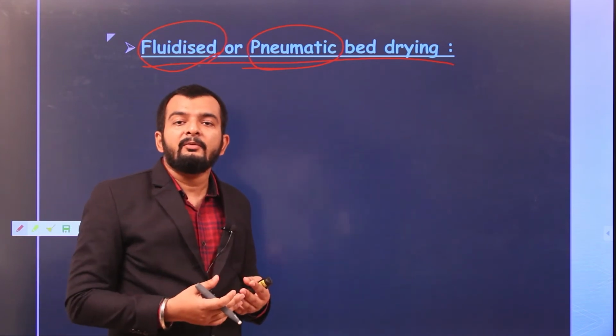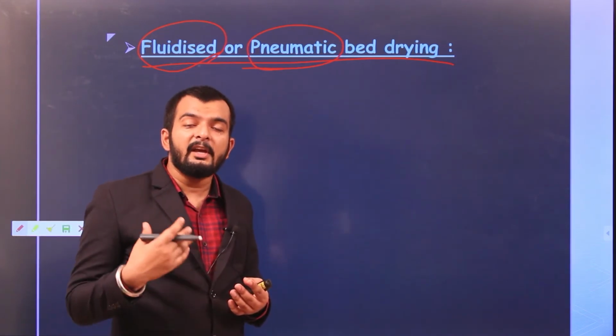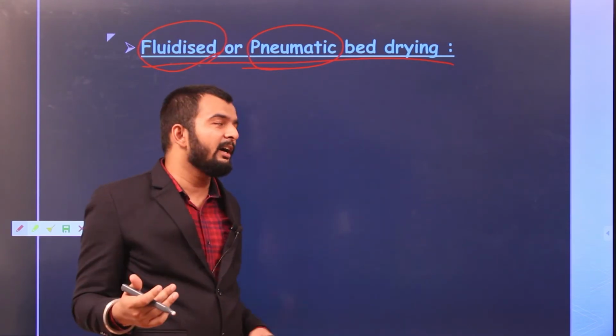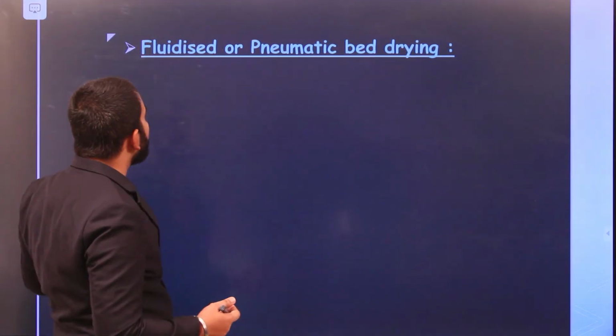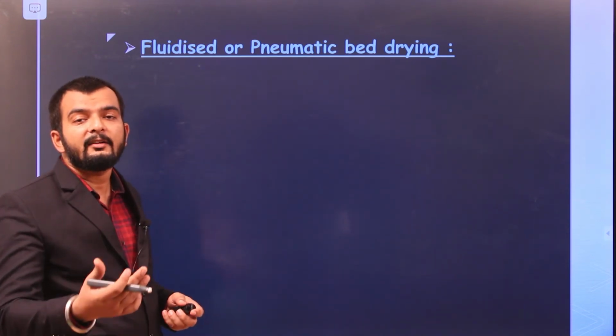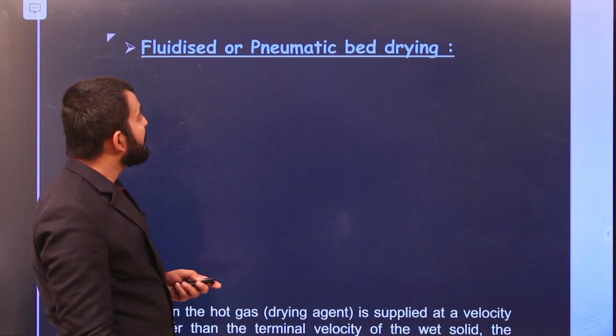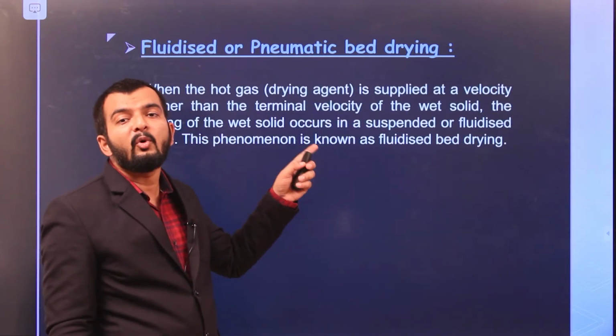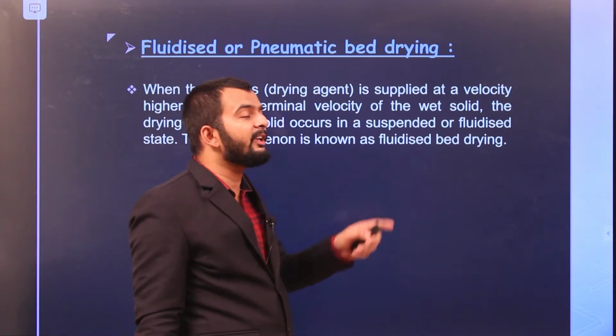Pneumatic conveyors use air currents or air velocity to transfer particles from one end to the other. So similarly in this case, this type of drying system is based on air at a very high velocity, that is, the velocity of the drying agent will be more than the terminal velocity of your food grains. Okay.